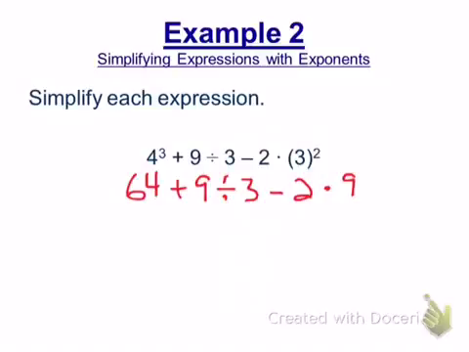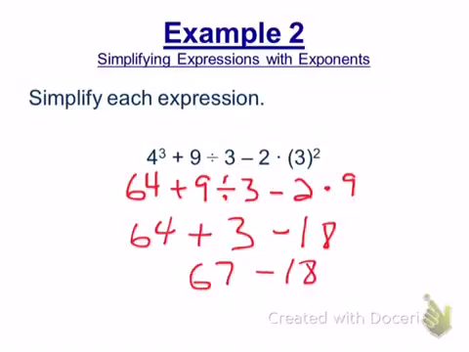Now, what do we do next? We have to multiply and divide first, right? So 9 divided by 3 is 3, and 2 times 9 is 18. So 67 minus 18 is 49.